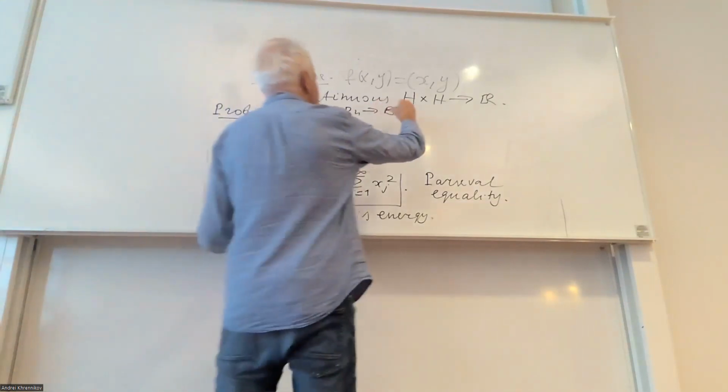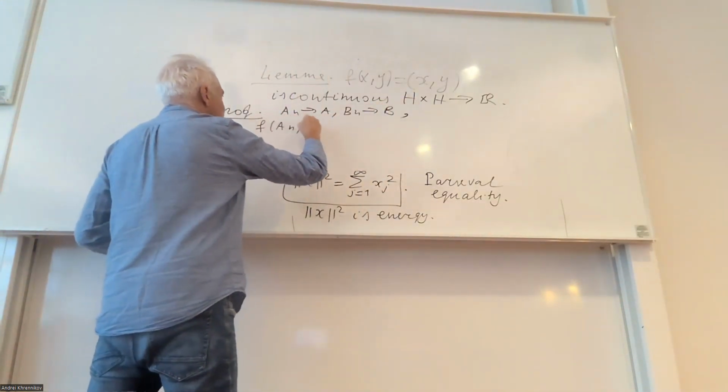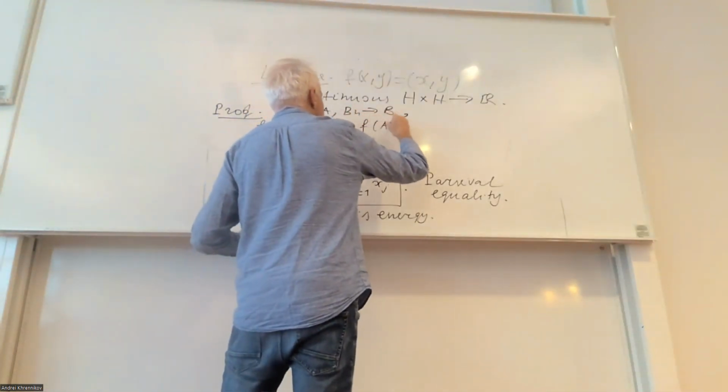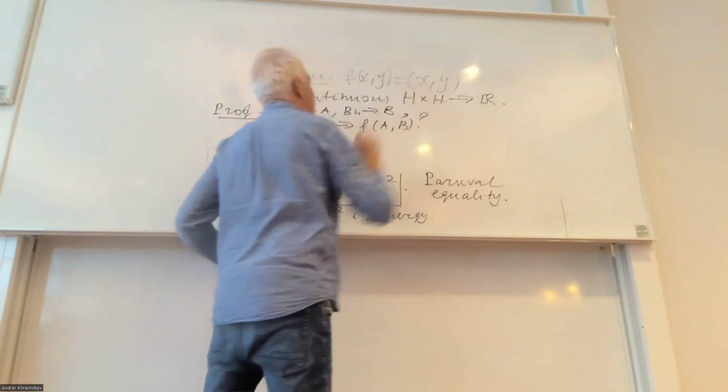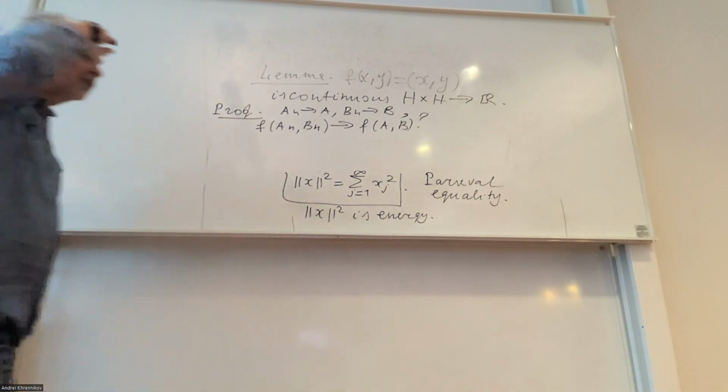Then we want to prove that f(an, bn) converges to f(a, b). That is, if we have two convergent sequences and we put them in the scalar product, the scalar product of these convergent sequences will converge to the scalar product of their limits.